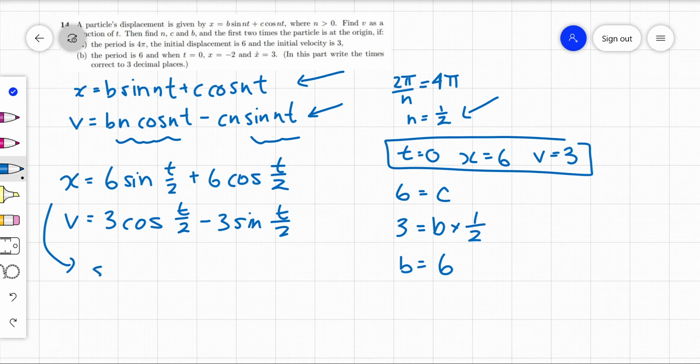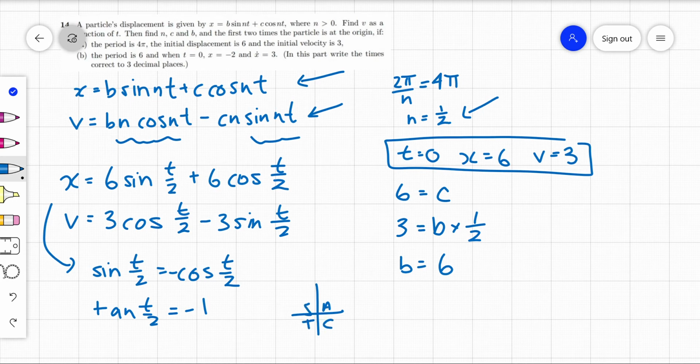So sine t on 2 would have to be equal to minus cos t on 2. And then x would be 0, which is what we're looking for. So therefore tan t on 2 would have to equal negative 1. So if you're thinking, when is tan negative? Using the CAST diagram, it's in the second and fourth quadrants.